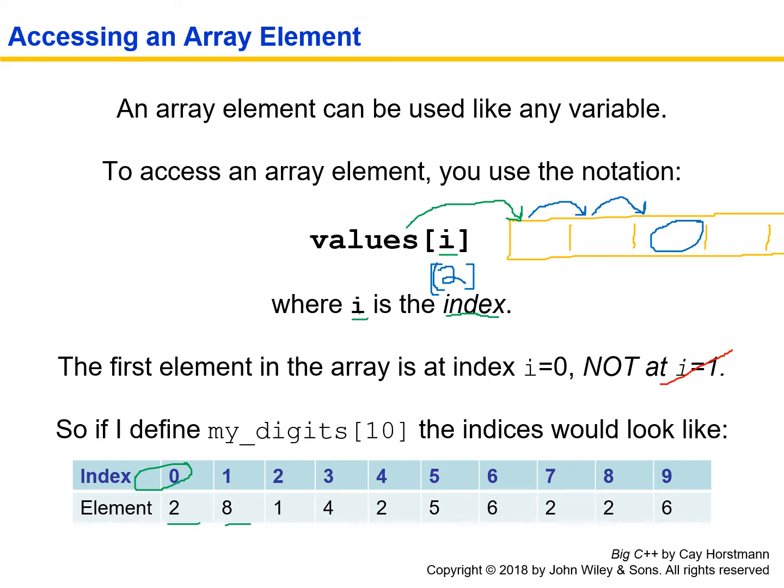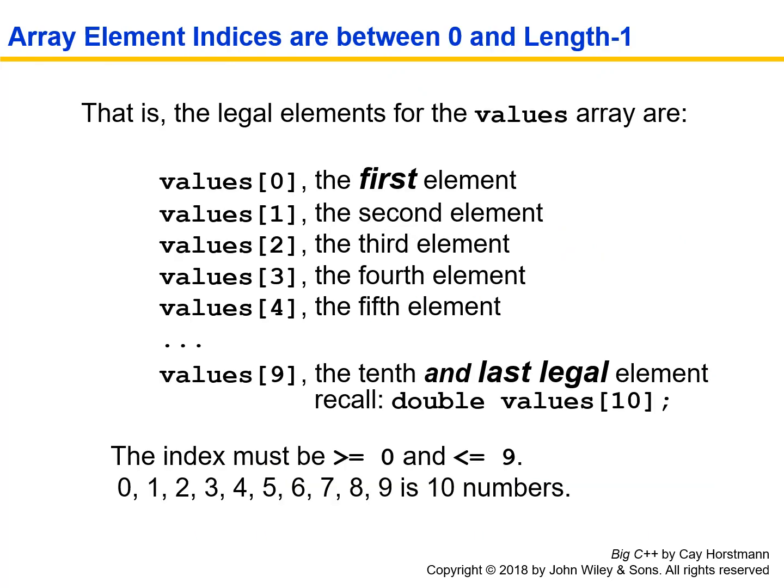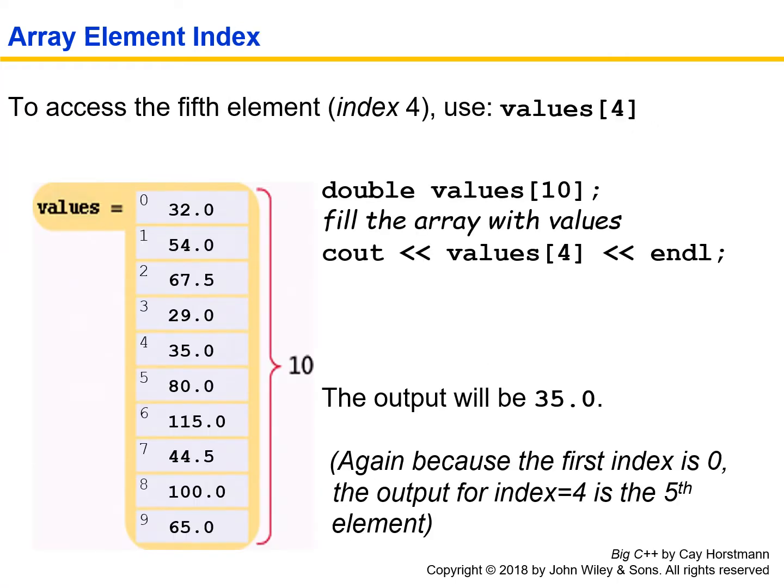The index is 1 less than the number of the item in the list. So if we want to access the fifth element, 35, we would use values at 4.